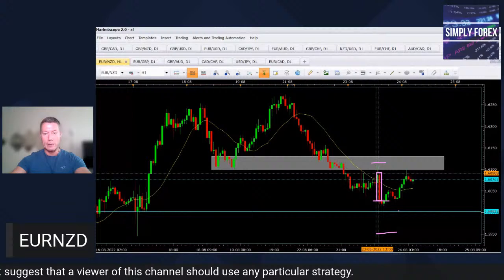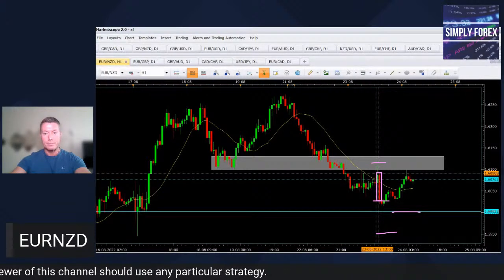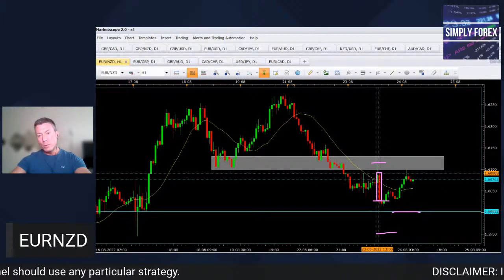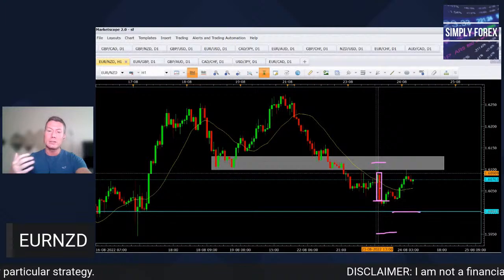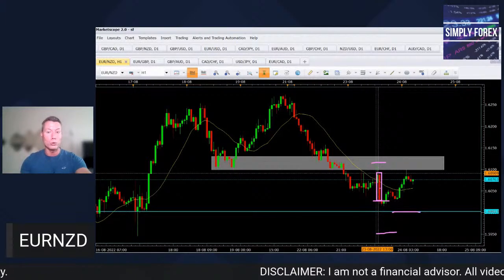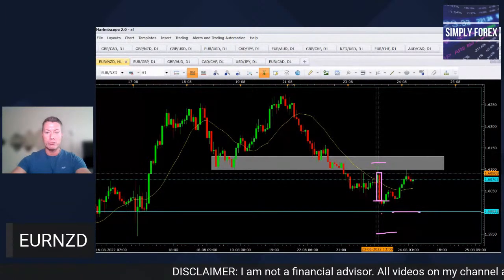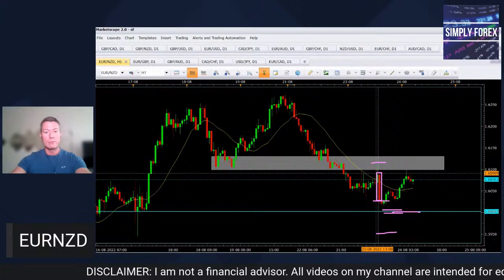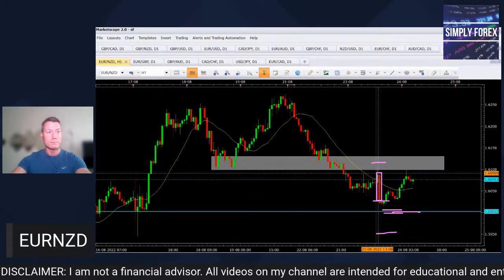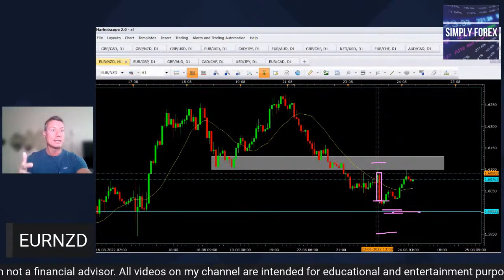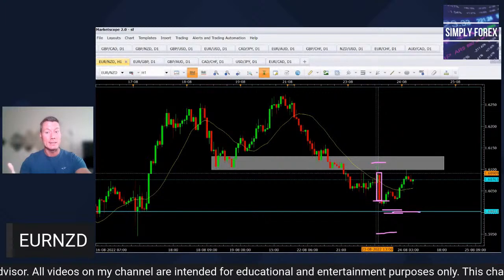But our target is this blue line, so although this is an entry candle, it doesn't give us the risk to reward. I would have exited at this blue line and the risk to reward would have been terrible. So I stayed out of this pair for that reason.